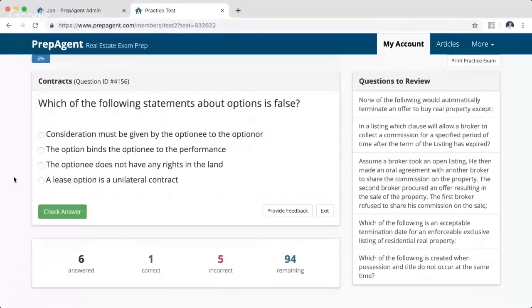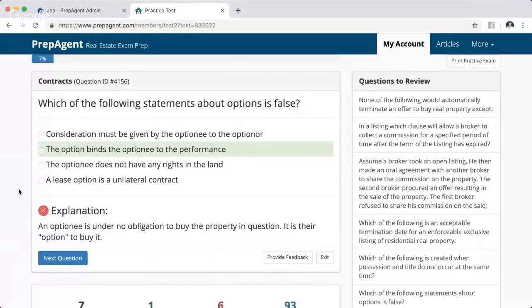Or D, a lease option is a unilateral contract. And the answer is the option binds the optionee to the performance.